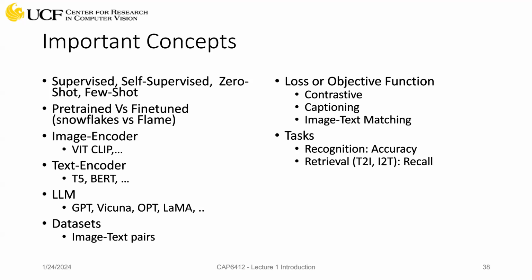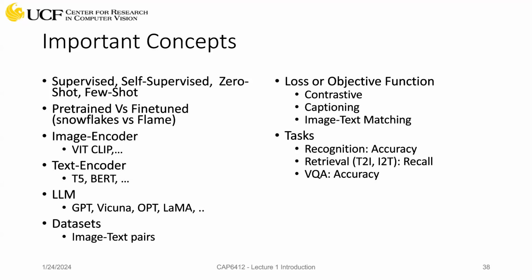So you have text to image retrieval or image to text retrieval. Given a text phrase, you want to find out which is the relevant image in the whole data set. And similarly, given the image, you want to find out what's the relevant text or caption for that. For that the metric is recall, how well you can recall.